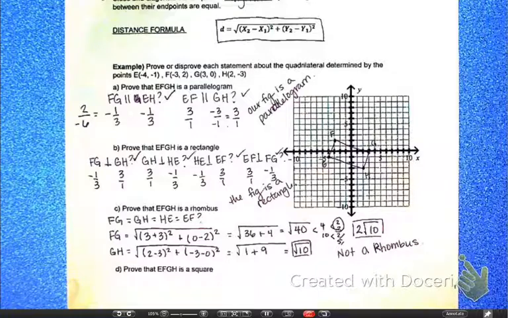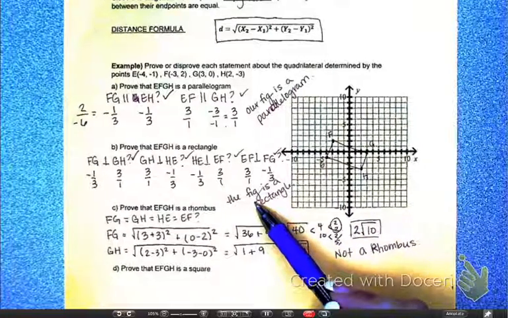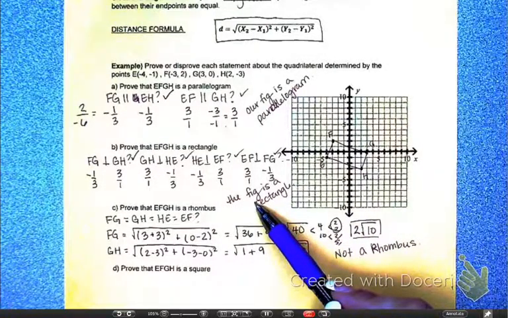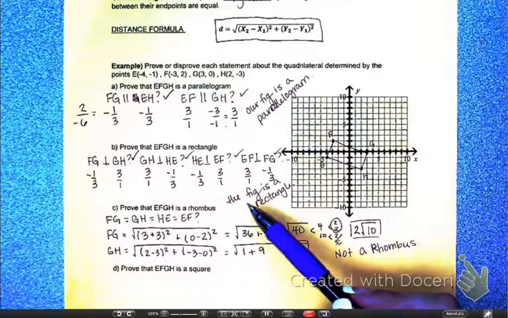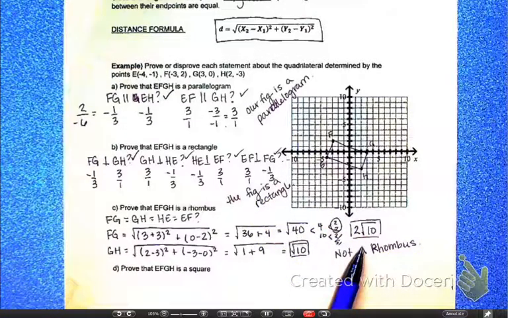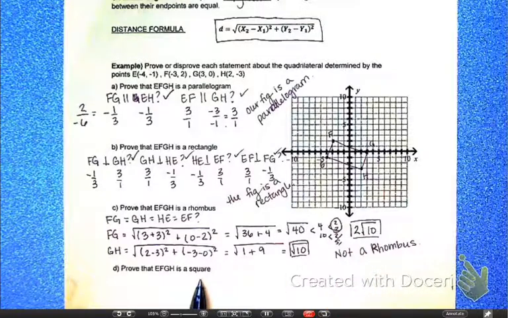We showed that all the angles are right angles. So we've showed two of our three steps. What's the third thing a square has? All congruent sides. What did we just show? The sides are not congruent. So is this going to be a square? No.